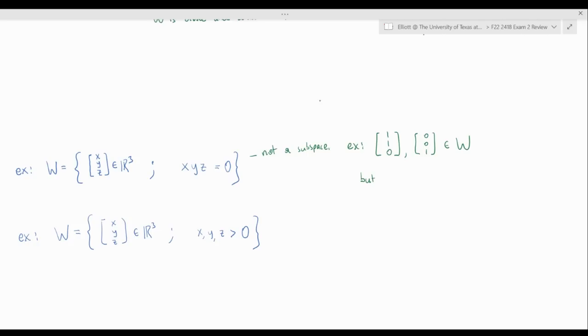But when you add the 2 vectors together, you get 1, 1, 1, which is no longer in the set W, because now the components don't multiply to be 0. Okay. And so therefore, that means that W is not closed under addition. And that's why it would not be a subspace.